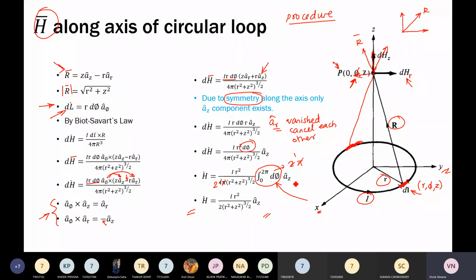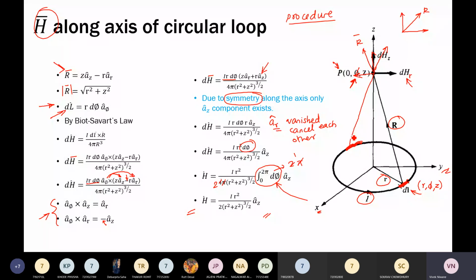So you might have noted down this expression, and if not, probably you have taken a screenshot. This is H bar, the magnetic field intensity along the axis of the circular loop, and here, by our assumption, the axis of the circular loop is the z axis, which passes through the center of the circular loop.